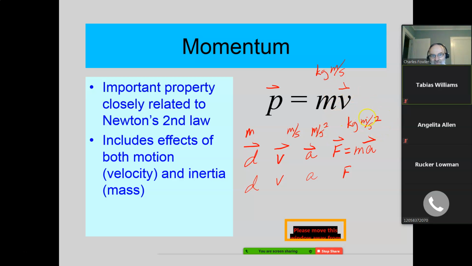Now, let me also say this. A kilogram meter per second squared is called a Newton. They gave it that name after Sir Isaac Newton. Here is the kind of the weird part of this, and I think I'm right on this. I don't read Latin, and Newton wrote his Principia, which is his big work, in Latin, so I don't even know what it is.